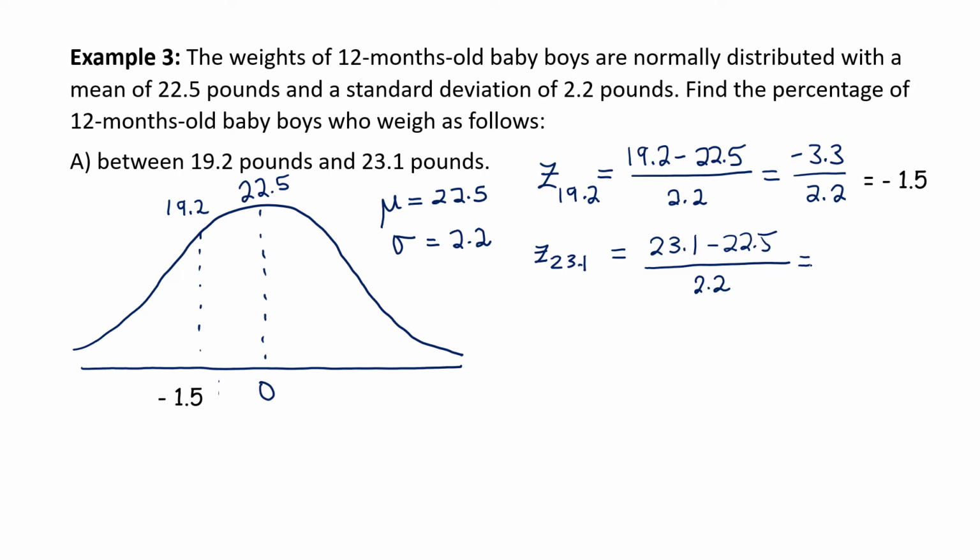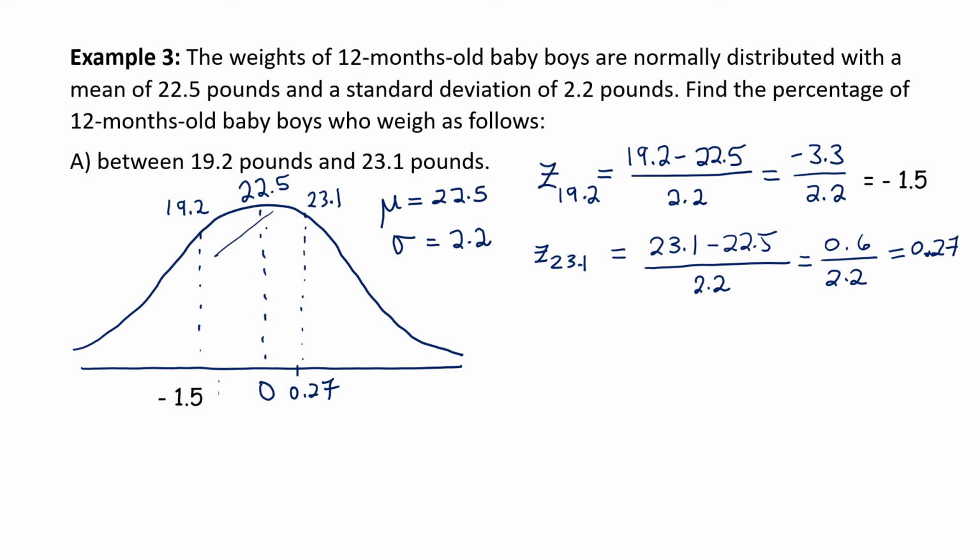For the numerator, 23.1 minus 22.5 is a positive 0.6, and we'll divide that by 2.2, and that's close to 0.27. Let's draw that on our normal curve as well. I will mark the 0.27 to the almost immediate right of the 0. Draw a line up to the edge of the bell curve and write 23.1.